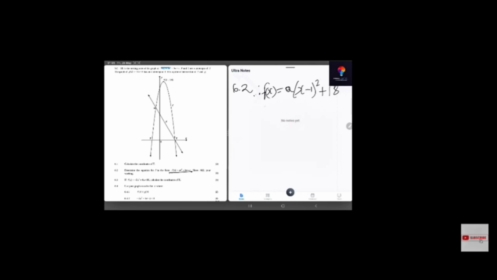If I remember well, f of x is going to be 0, equals to a, and then our x is going to be 4 minus 1 to the power 2, plus 18.